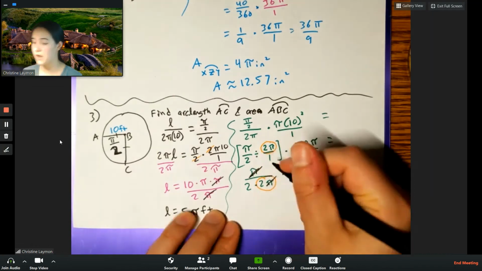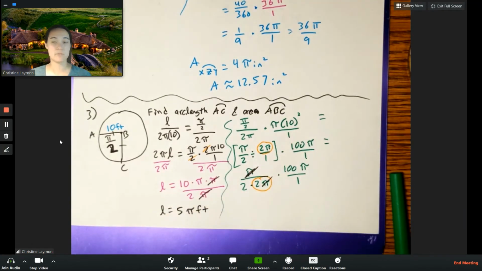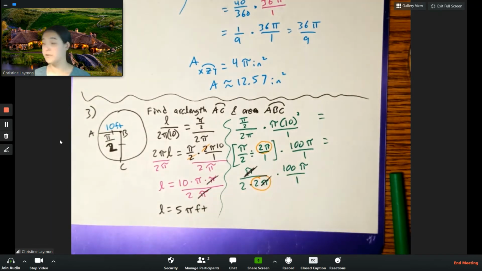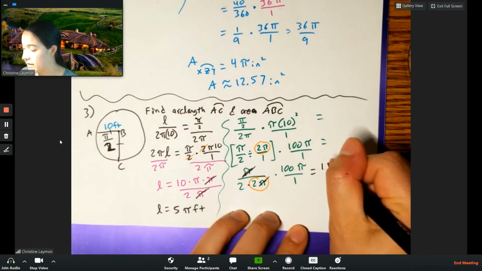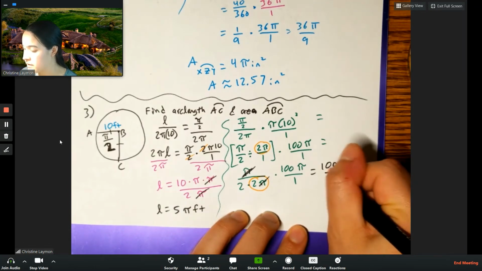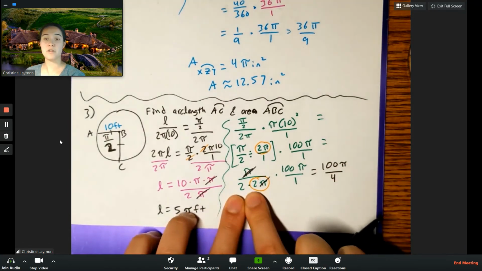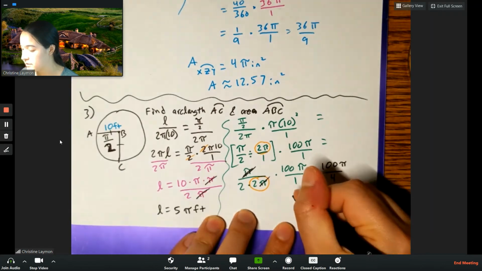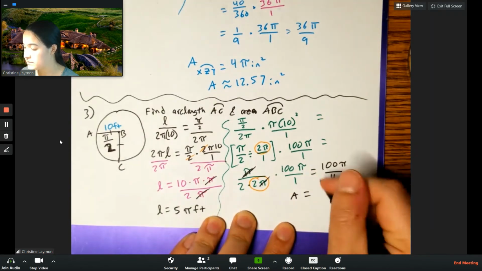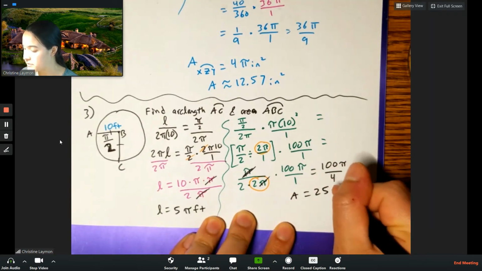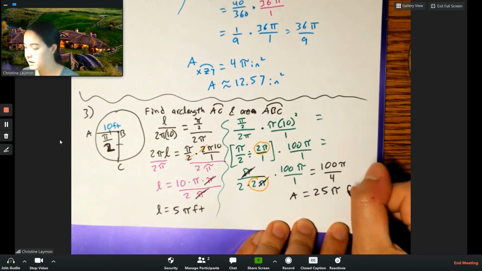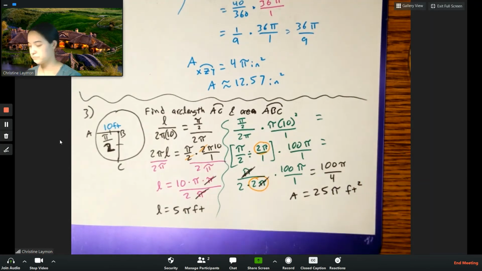Those pi's are gone because pi divided by pi is just 1. In the bottom, I have 4. In the top, I have 100. And again, you can see this. I have 100 pi divided by 4, which means all I have left, this area, is 25 pi. And my units are feet squared. So this side I used ratio method, this side I used straight across multiplication method. It is up to you which way you do it. It does not matter.